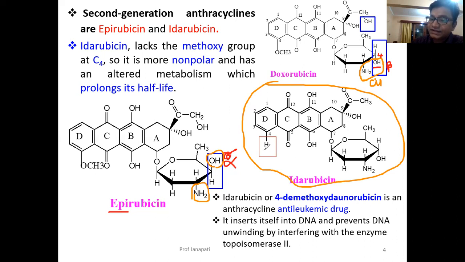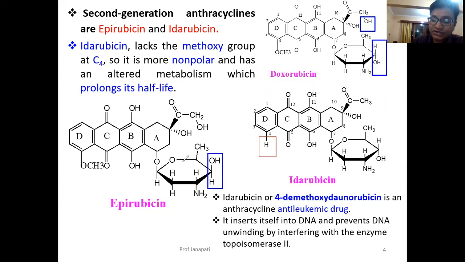The difference is that at the fourth position there is no methoxy group as there usually is. That's why we call idarubicin 4-demethoxydaunorubicin. Daunorubicin is a very good drug in the treatment of leukemia. So these are the structural differences, and these are widely prescribed drugs from the class.